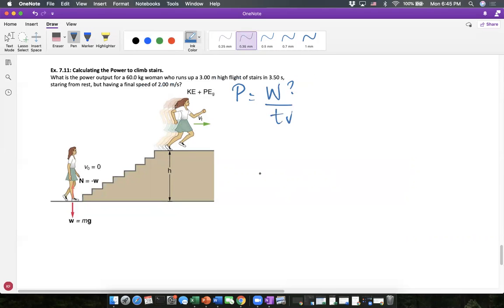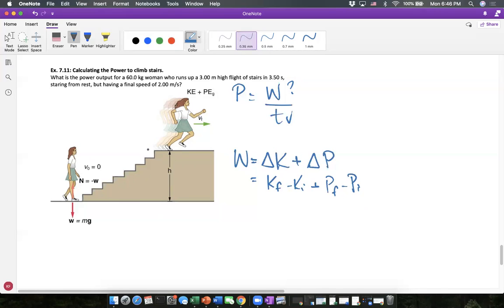Remember that work is equal to our change in kinetic energy plus our change in potential energy, or K final minus K initial plus P final minus P initial. Let's quickly evaluate this like we did in our last problem.